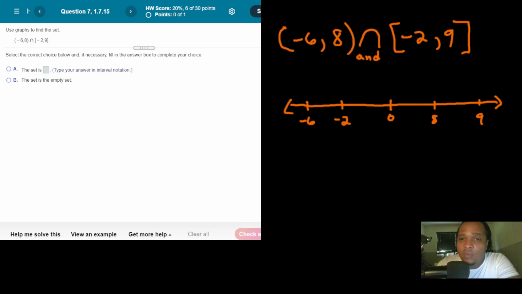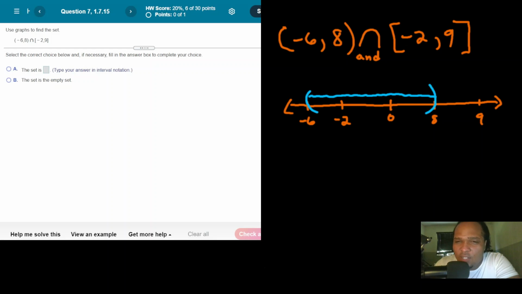Right now, I'm going to make the appropriate symbol for this first inequality, -6 to 8. So let's put the parentheses, and we're going to shade all the way until we reach 8. We make a closed parentheses like that because it's using a parentheses. Same thing with the other one.